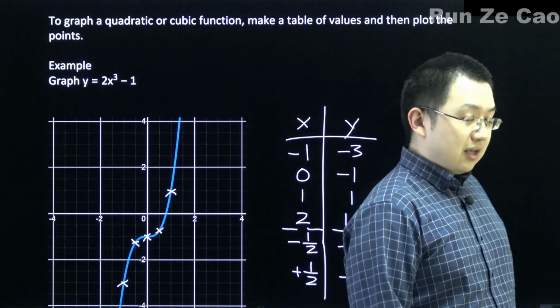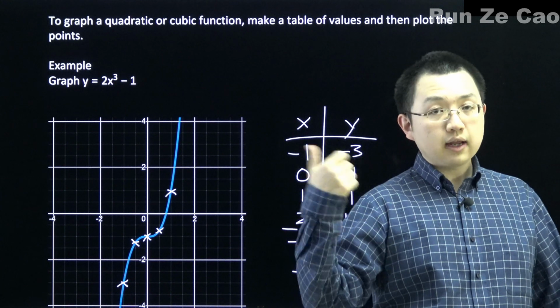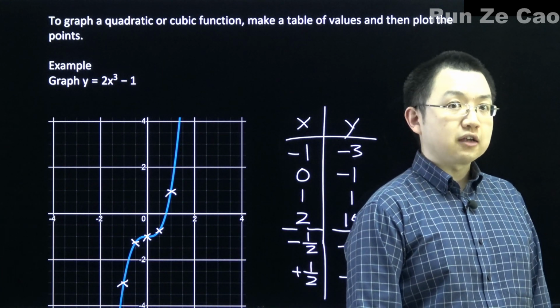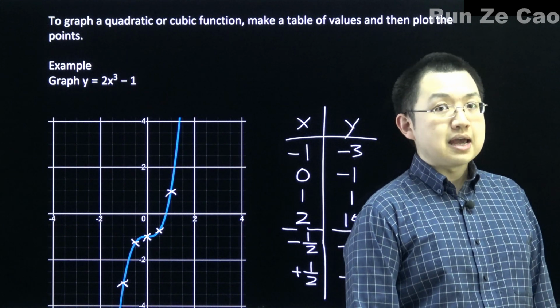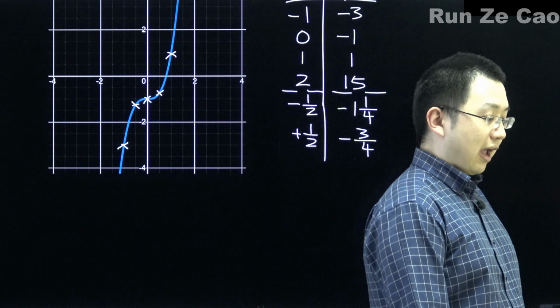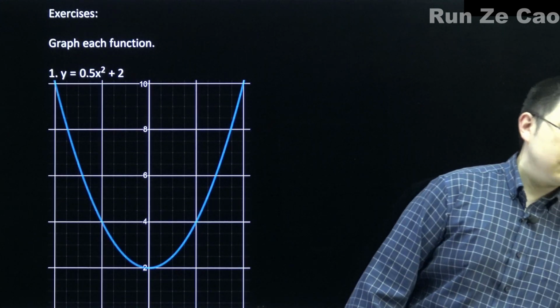But otherwise, like x cubed or 2x cubed or 3x cubed, whatever, or x to the fifth, heaven forbid x to the seventh, yeah, you're going to need some really close together points to actually get a decent graph near 0.